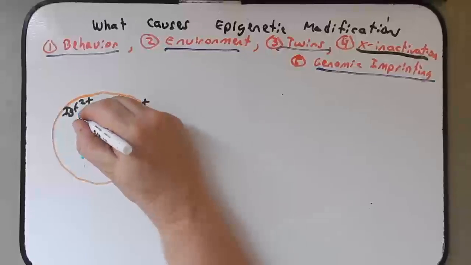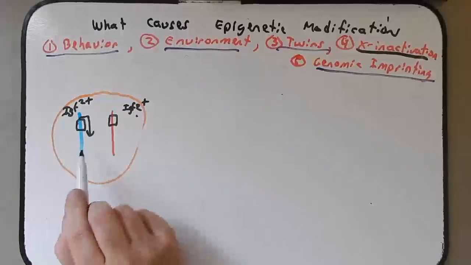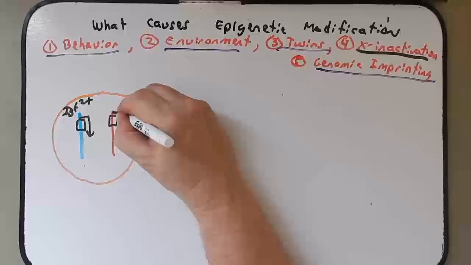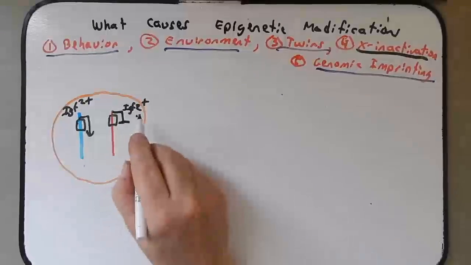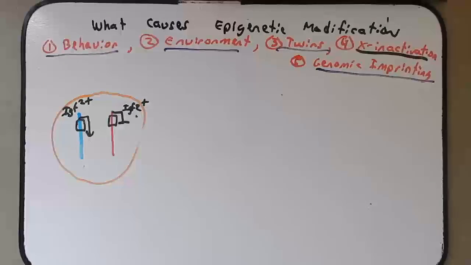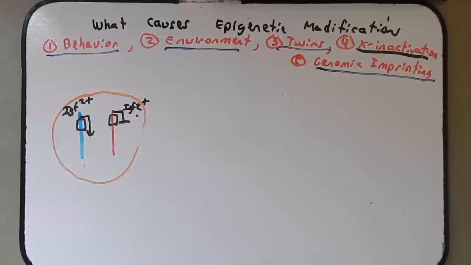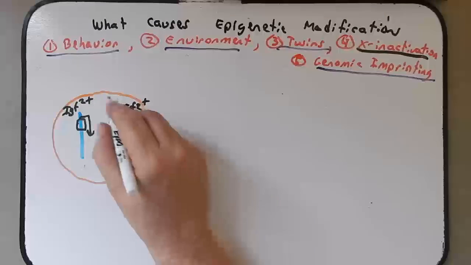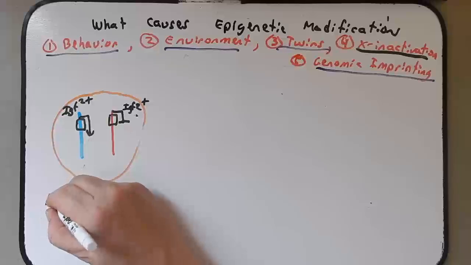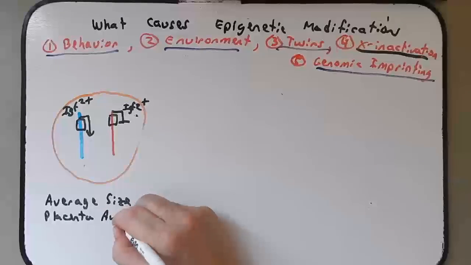However, what we know is that only the IGF2 that we get from dad is expressed. The IGF2 we get from mom is not expressed, wild type or mutated, it doesn't matter. So in this embryo, which is plus plus, IGF2 is expressed only from dad's chromosome, but not from mom's. The gene IGF2 is important in regulating the size of the progeny and the size of the placenta. So this embryo here would be of average size, and the placenta would also be average.